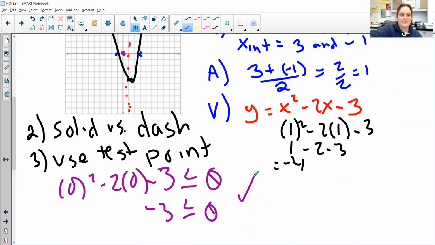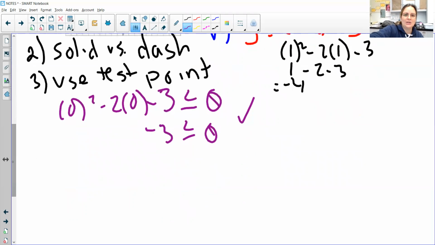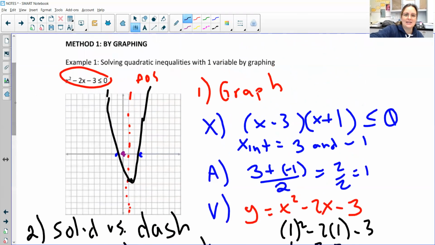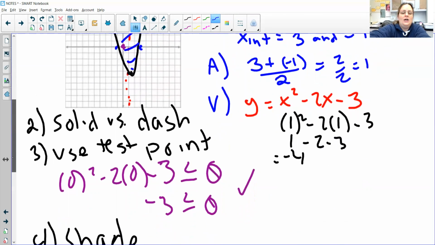So our next step, step 4, is going to be to shade, because the test point (0, 0) was true. It means it exists in the correct zone. And because we shaded between the two x-intercepts, the solution is going to be in this area.